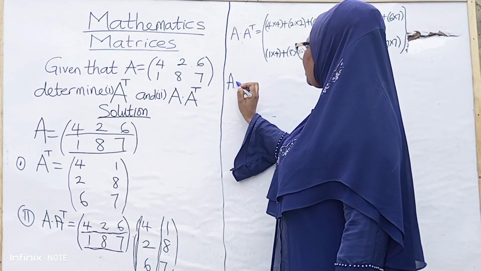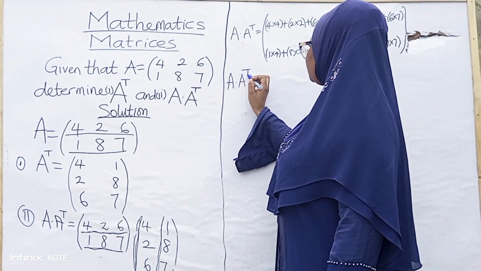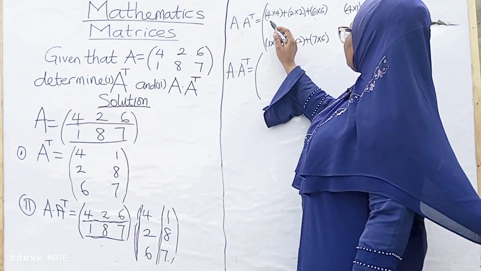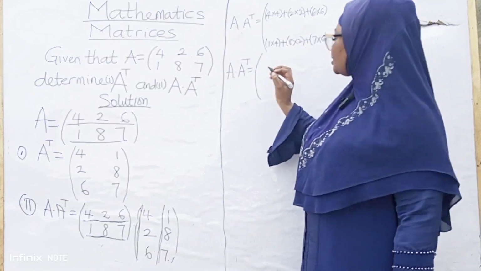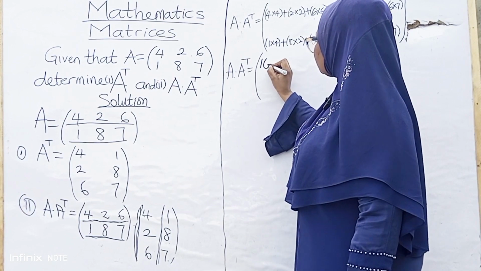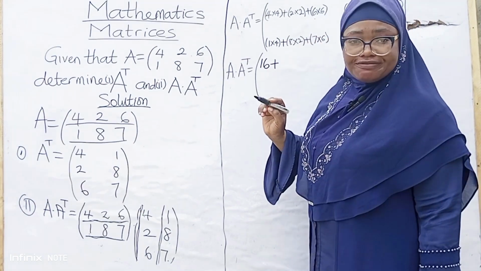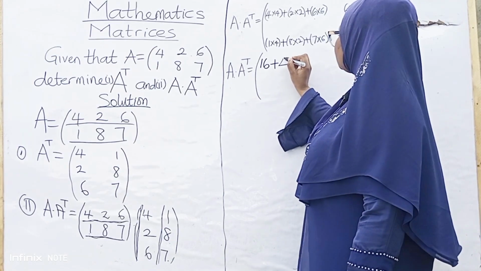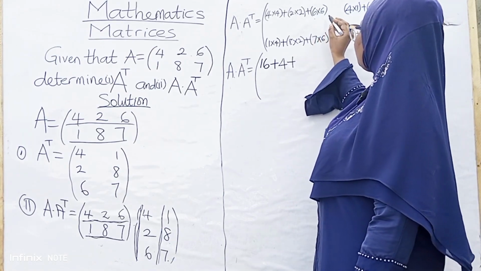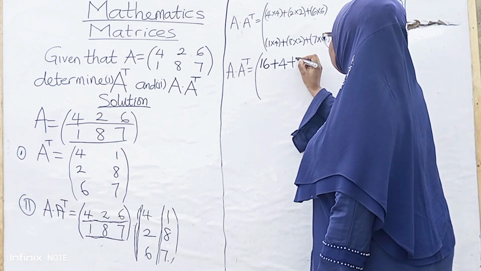So let's simplify. 4 multiplied by 4 is 16, plus 2 multiplied by 2 is 4, plus 6 multiplied by 6, that is 36.